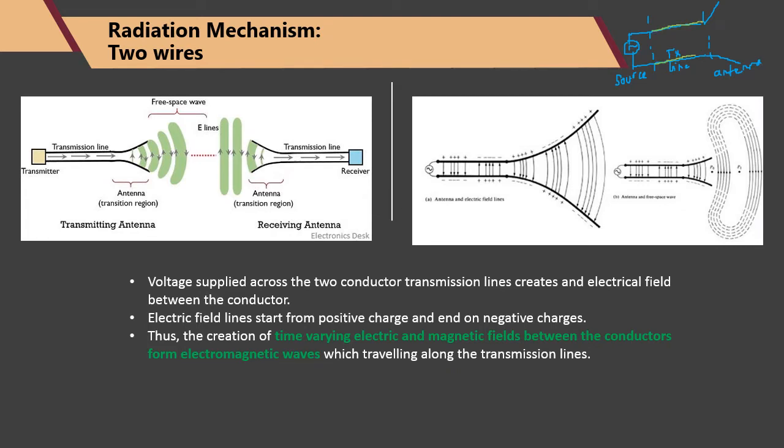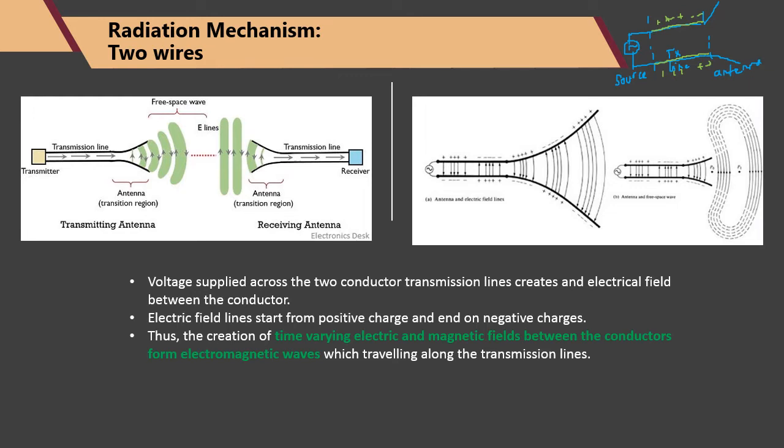Okay, when we have two wires, again there's positive and negative charge across the line. So when we have positive and negative, we know that the field will flow from positive to negative.